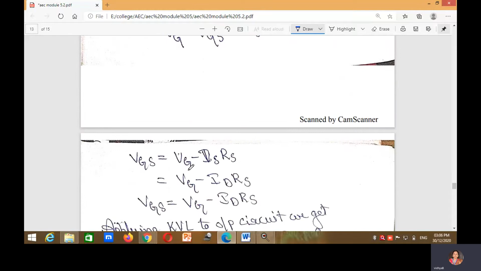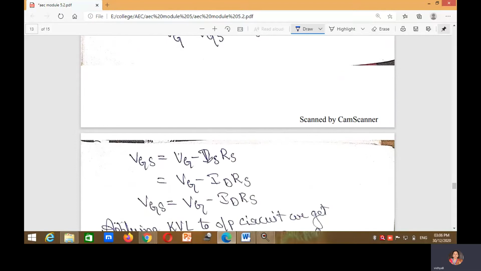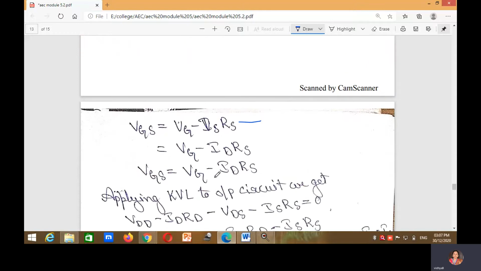Next, we can write Vgs as Vg minus Is into Rs. Is is equal to Id in voltage divider bias, so VGS is equal to Vg minus Id into Rs.